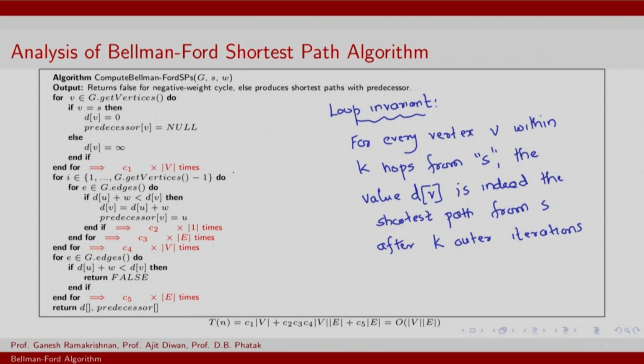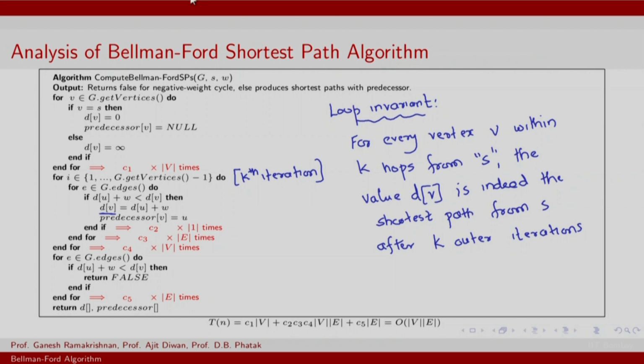So we are claiming that at the kth iteration of this outer loop, the value that gets updated in dV at the end of this kth iteration contains the correct value, the shortest path.